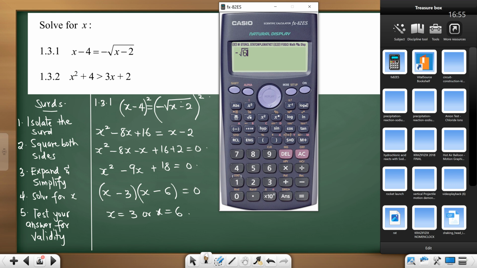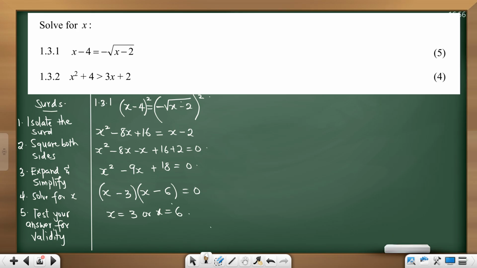Negative square root of 6 minus 2, negative 2. It's not working. I have to come and say x cannot be equal to 6. Please don't forget, every time you get to surds, remind yourself, oh, Sir said it's a 5-step routine. Are we good?